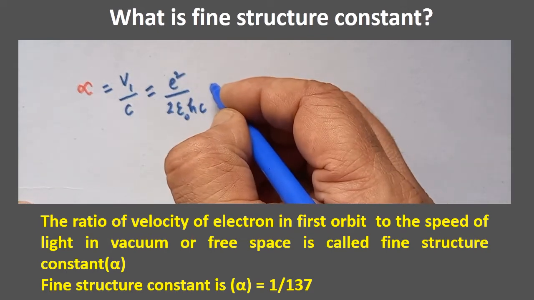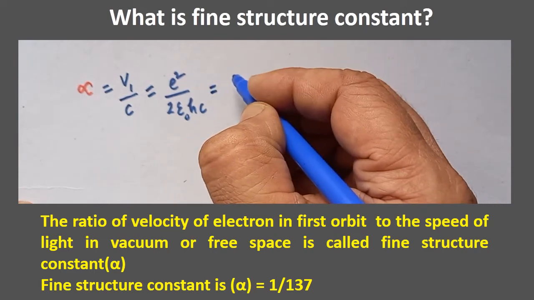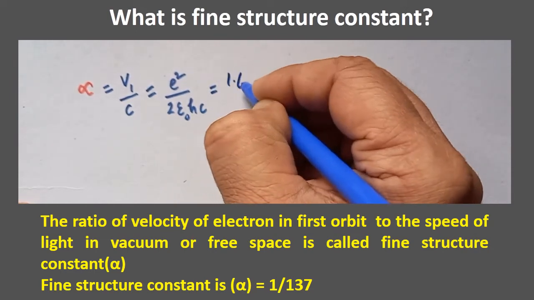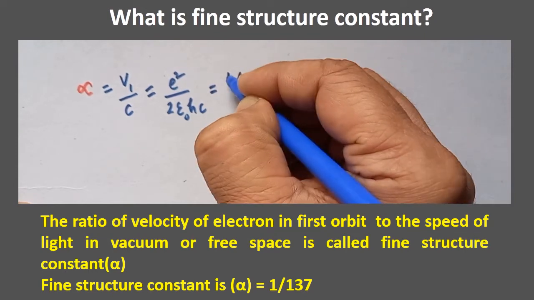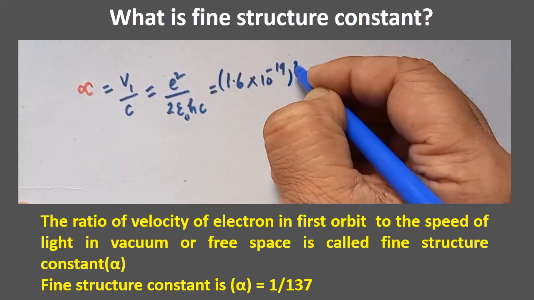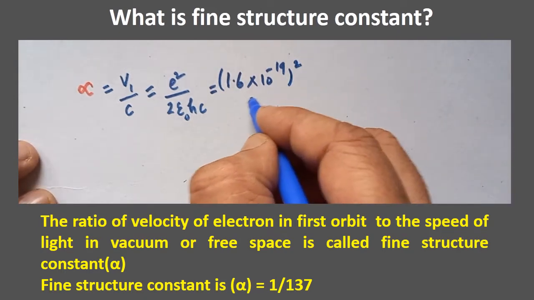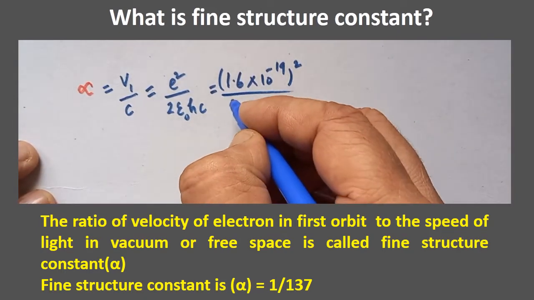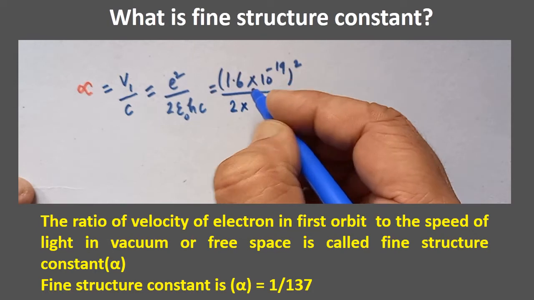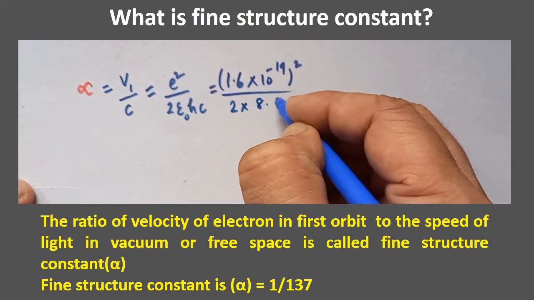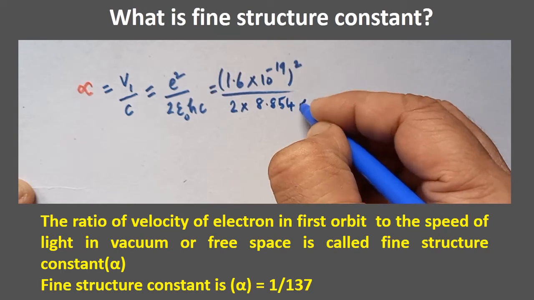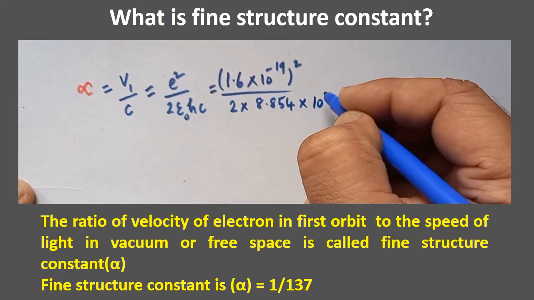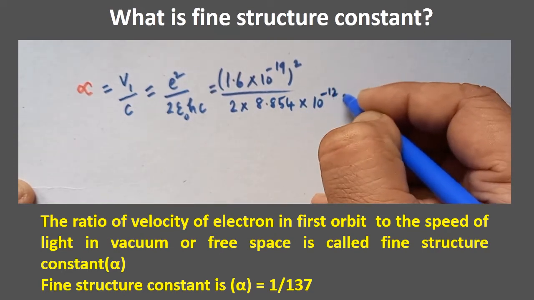Now I will substitute the values. The e value is 1.6 into 10 to the power of minus 19, the whole squared, divided by 2 into epsilon naught value, 8.854 into 10 to the power of minus 12.